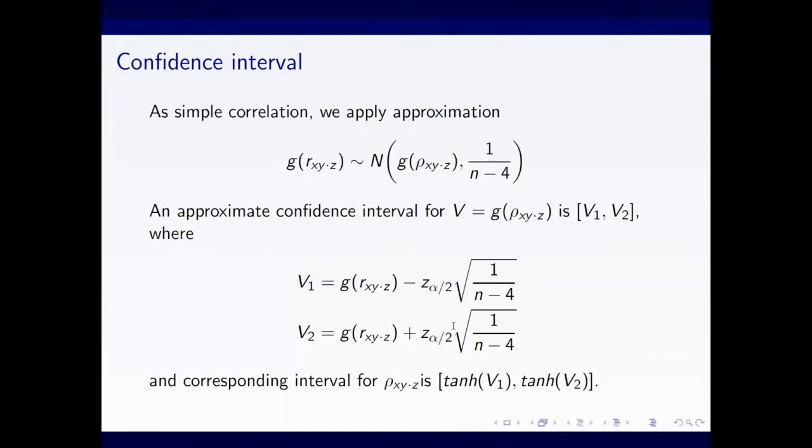So we build the confidence interval. As we did in the simple correlation, we apply an approximation. The transformation g of rxy dot z is approximately normally distributed with mean g of rho xy dot z and variance 1 over n minus 4.